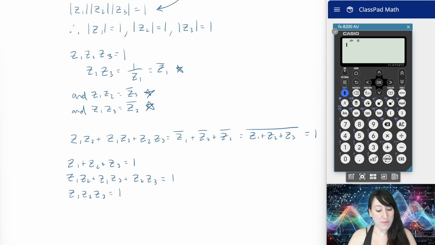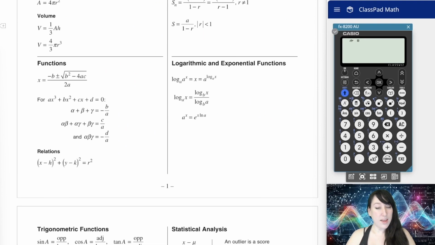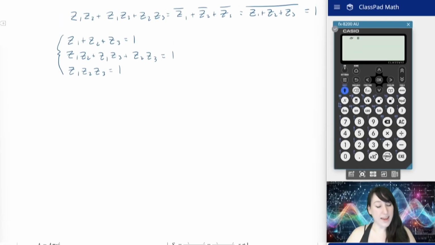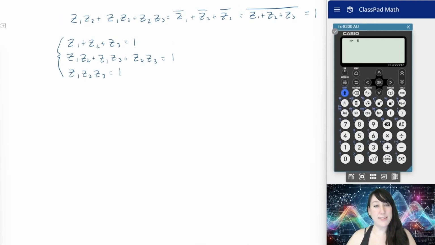Now, you may recognize these three facts from something we talk about in polynomials. They are sometimes known as Vieta's formulas. The three facts that we have now match with the three Vieta's formulas for cubic polynomials. And that means z1, z2, and z3 are the roots of that cubic polynomial.